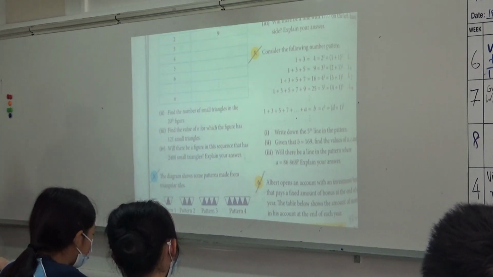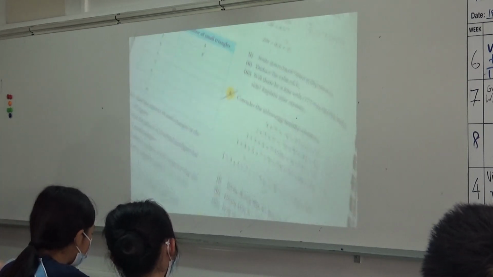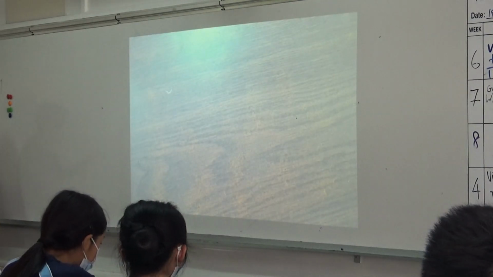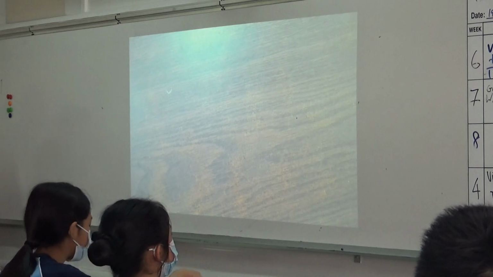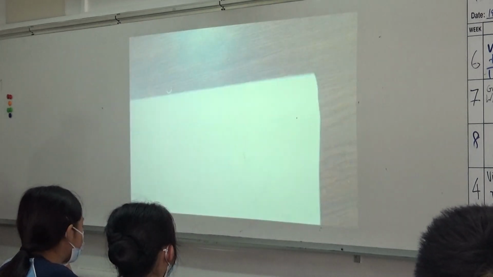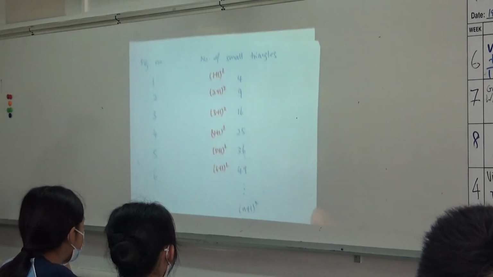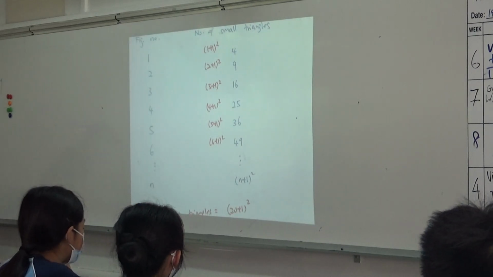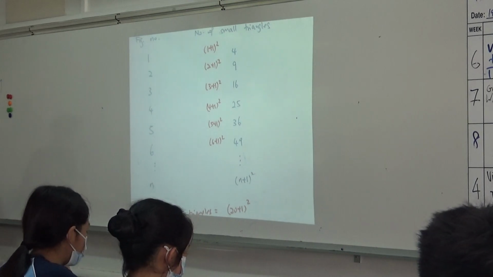Okay? Now, I'm going to show the answer now. This one should be no problem because it's quite straightforward. Now, when you fill in the blanks, do you get 16, 25, 36, 49, and so on?